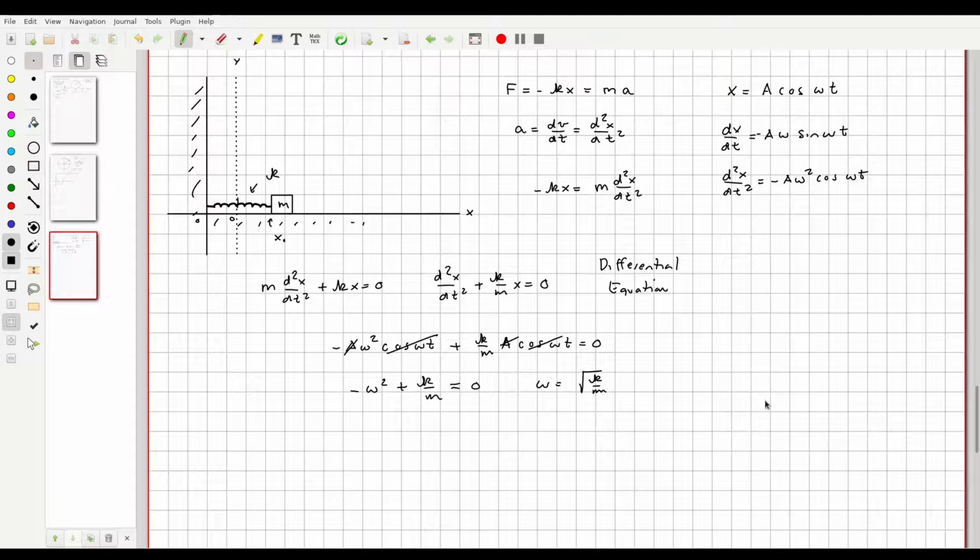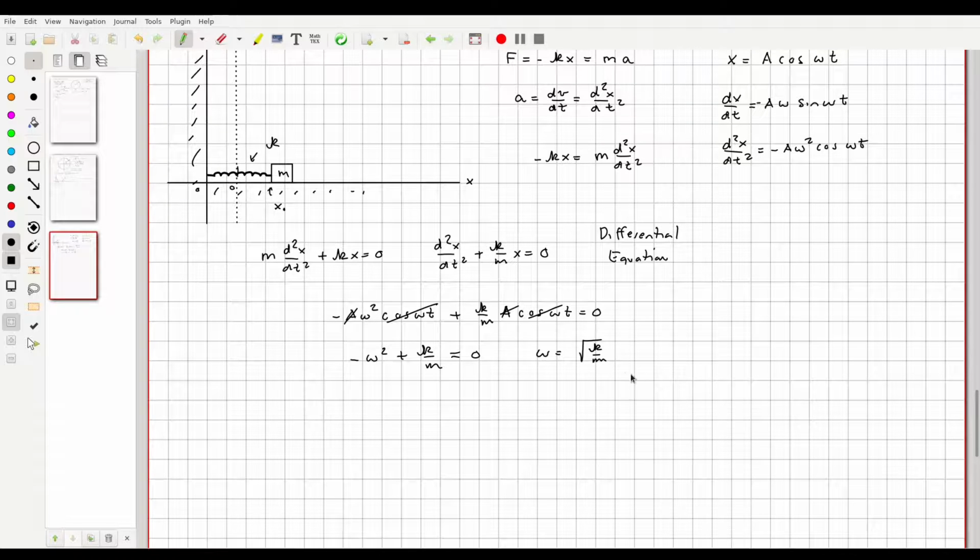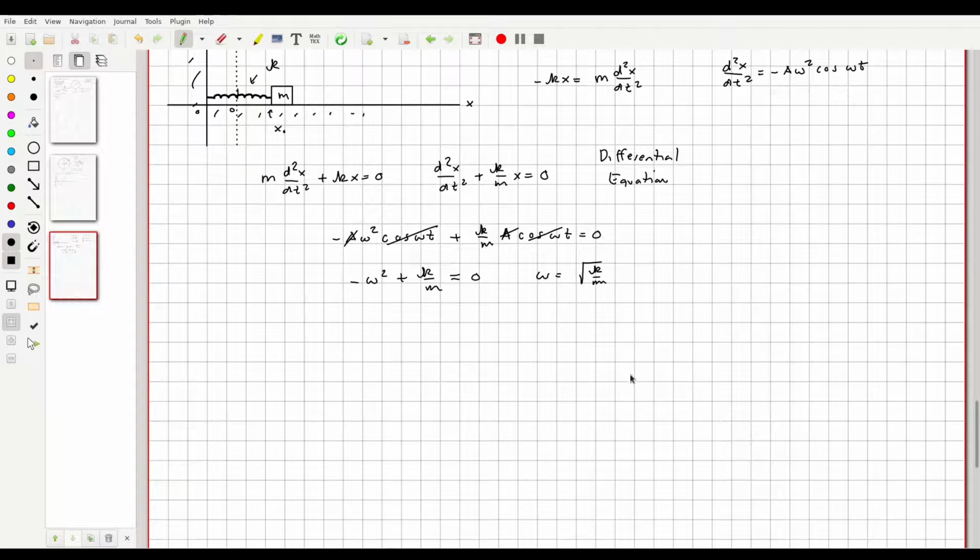Now, just as an example, I want you to imagine the spring doing its thing. And let's pretend that I have a 5 kilogram mass on it, and that my spring constant is, I don't know, how about 250 newtons per meter?